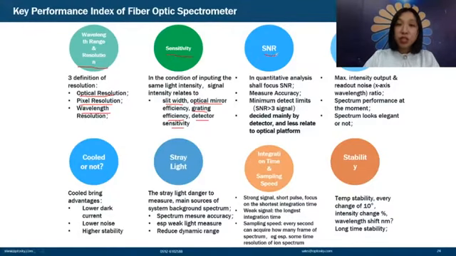And also we have the signal to noise ratio. Signal to noise ratio is especially important in quantitative analysis and online analysis. It can measure the accuracy, and we can know the minimal detection limits. And signal to noise ratio is mainly decided by the detector's signal to noise ratio, and it has less effect on the optical platform.